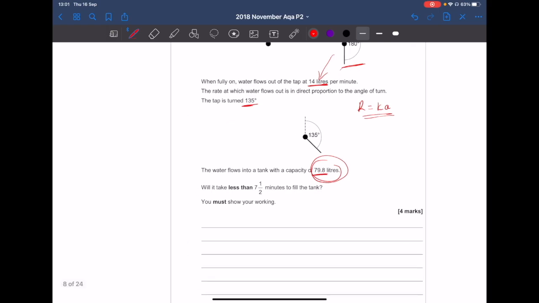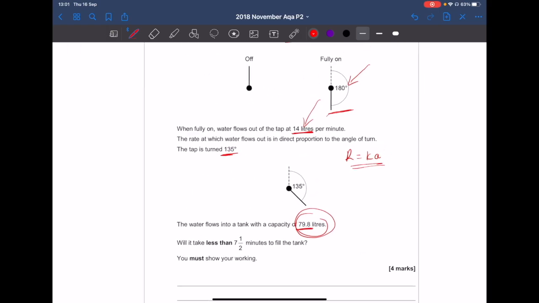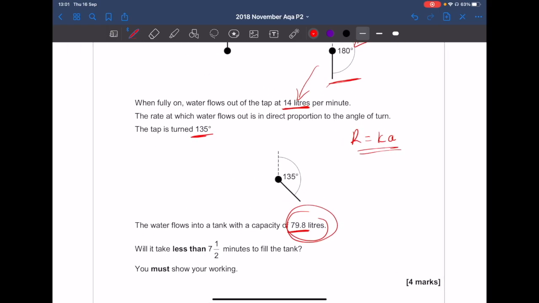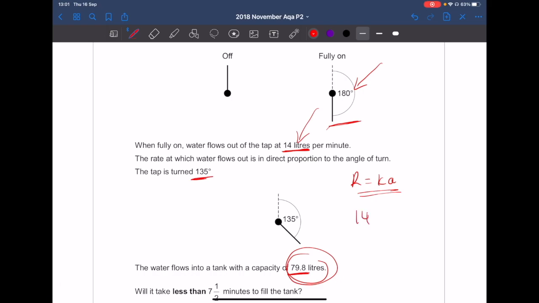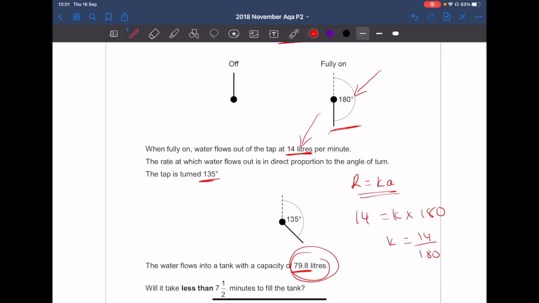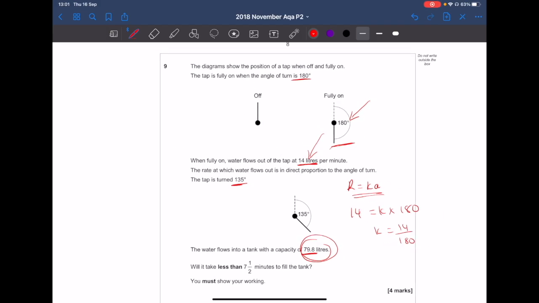So step 1, you can do it either way you want to. I'm going to find the relationship between these two, since it's in direct proportion. So I've got 14 liters per minute equals K times the angle, which is 180. So K must be 14 over 180, which gives me a horrible number, so I'm just going to write that as 14 over 180.